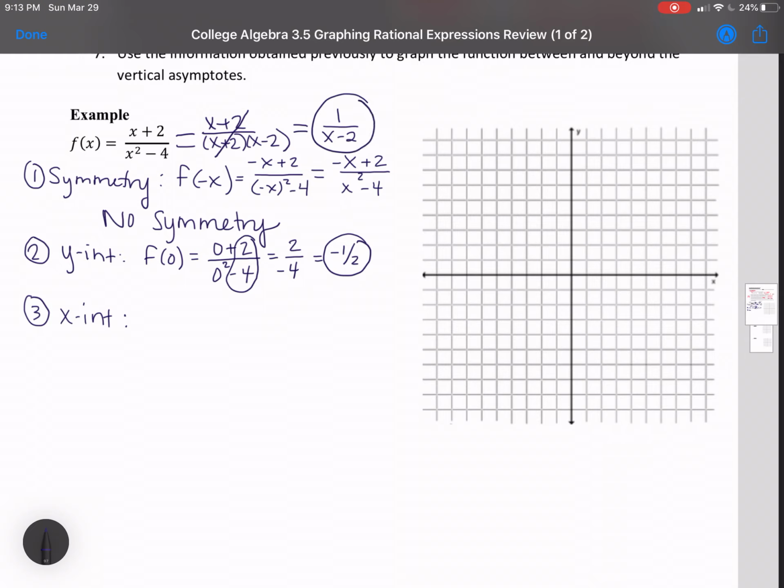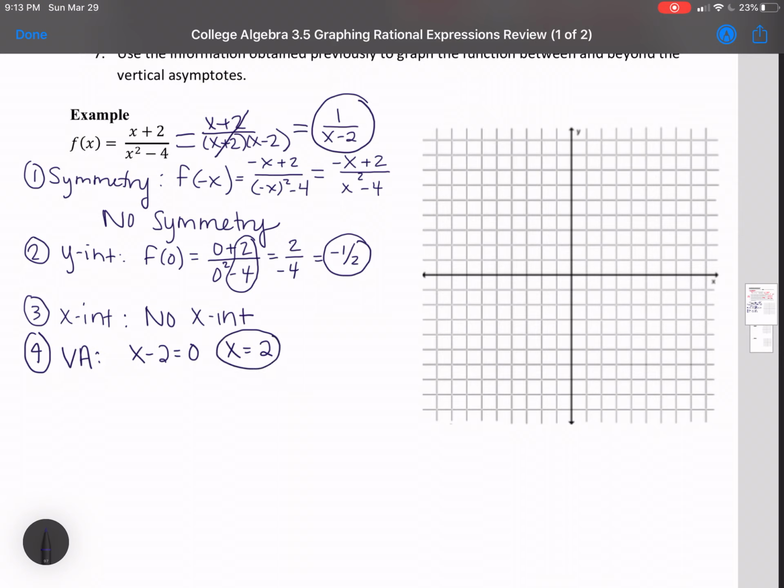Since we have nothing left in our numerator, we have no x-intercepts. And then we can take that new denominator for our vertical asymptotes. x minus 2 equals 0, which means our vertical asymptote is at x equals 2.